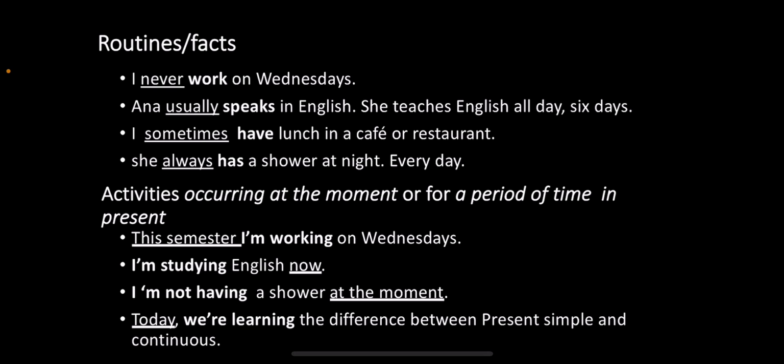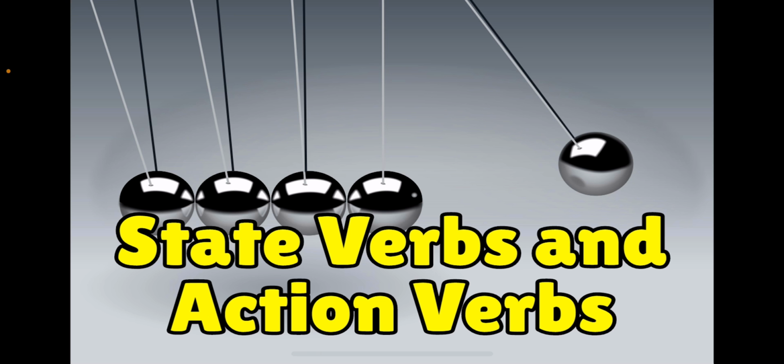For the majority of the verbs, we can do that, right? In English, there are two types of verbs: state verbs and action verbs. Action verbs indicate movement or activities, right? And those verbs, most of the time, we can put them with ing.